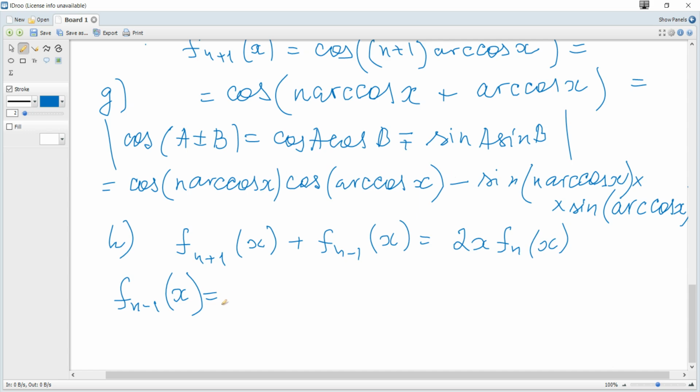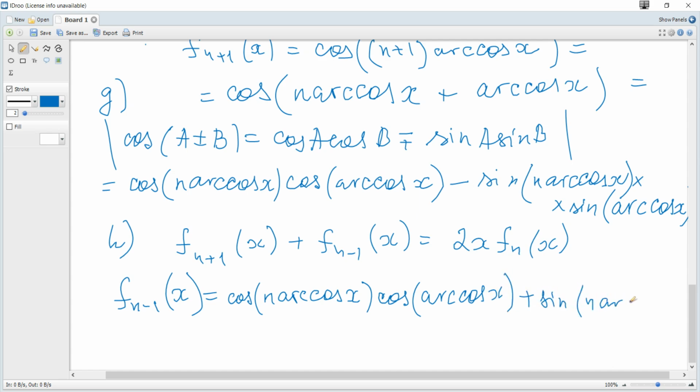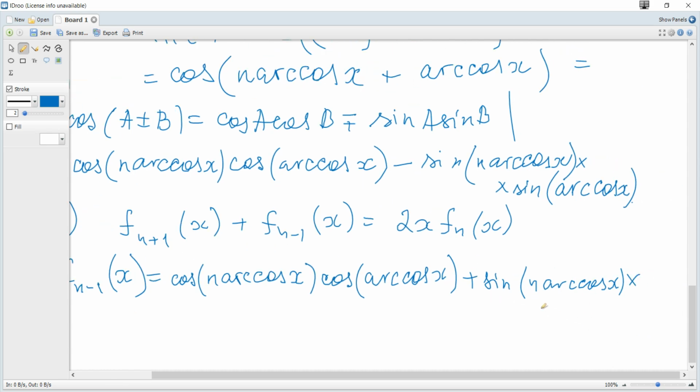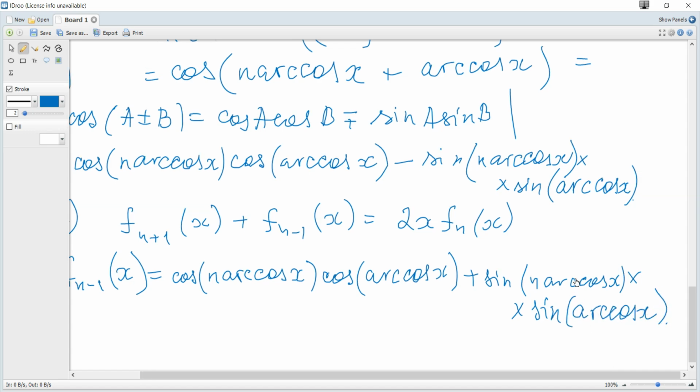So let's rewrite: cosine of n arccos x multiplied by cosine of arccos x plus sine of n arccos of x multiplied by sine of arccos of x.